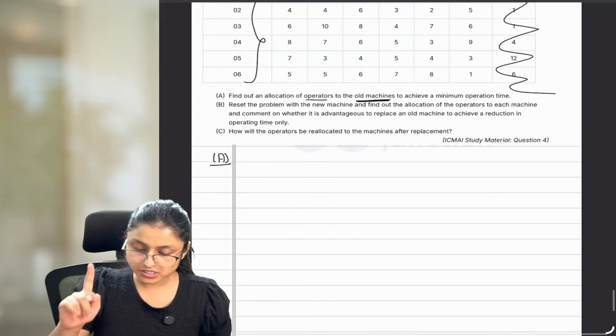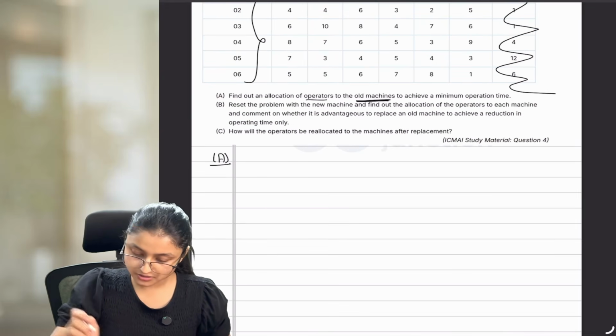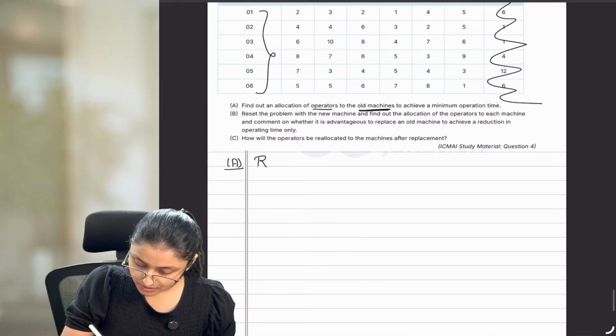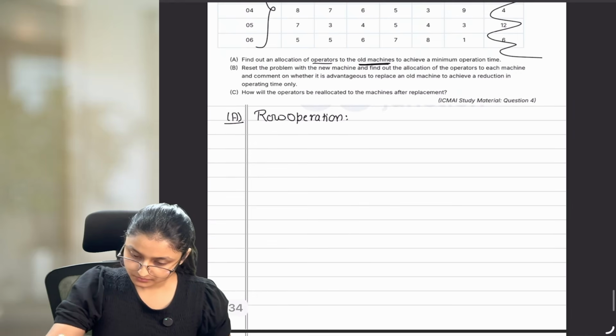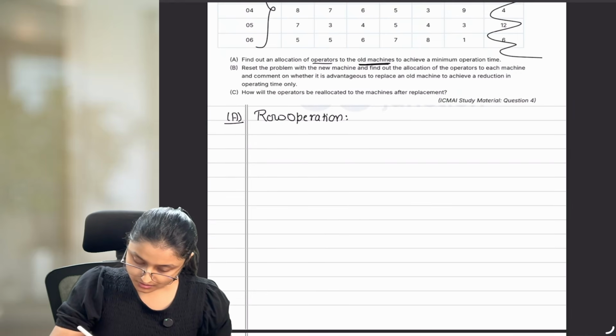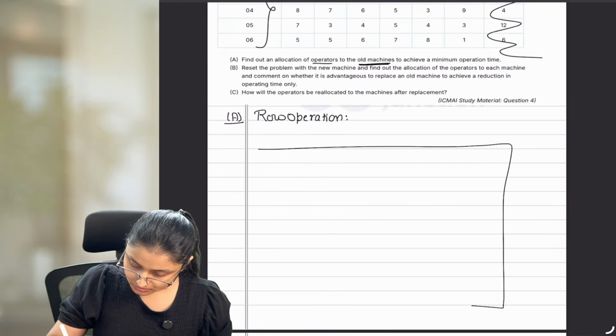So as it is a question of minimization and it is balanced, we can directly start with row operation. There are 6 machines and 6 operators.